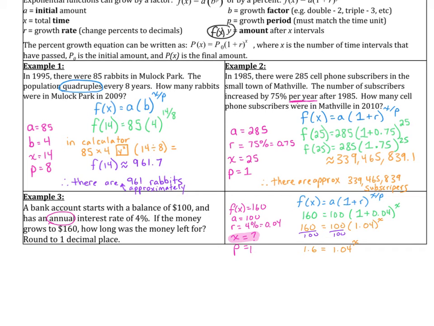Now, at this point in time, in grade 11, there's no way to actually solve for an exponent. In grade 12, you learn it, but in grade 11, there's no actual way to figure out what the exponent would be for this to be equal to 1.6. So what you have to do is a little bit of guess and check.